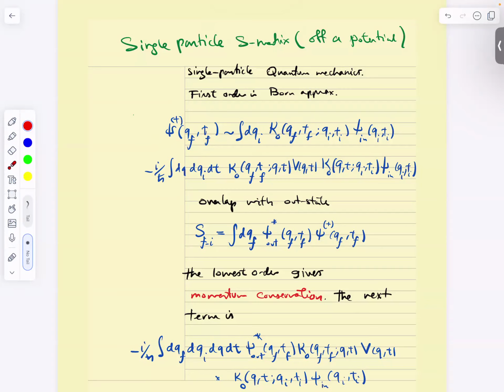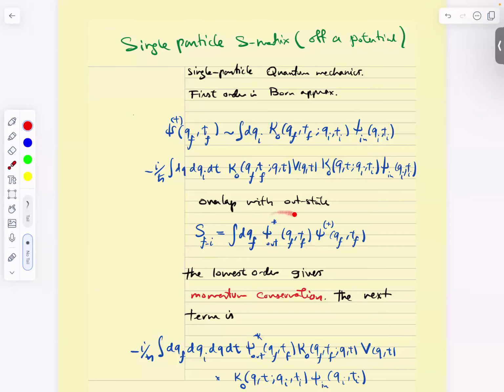What have I done? I've just stuck in q_i, t_i. This is a long time ago. This is the propagator, and I'm integrating over only q_i, because t_i is just some initial time.